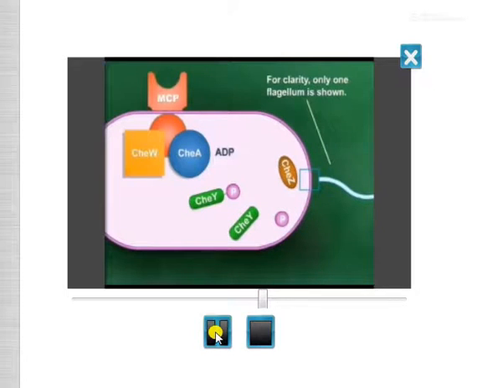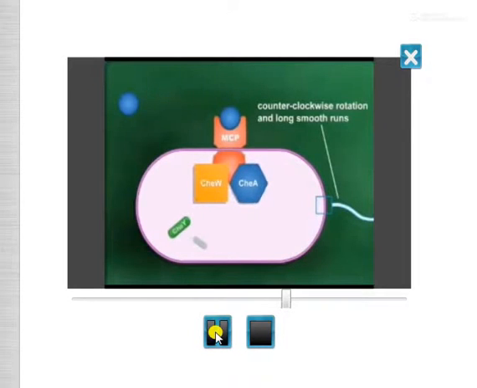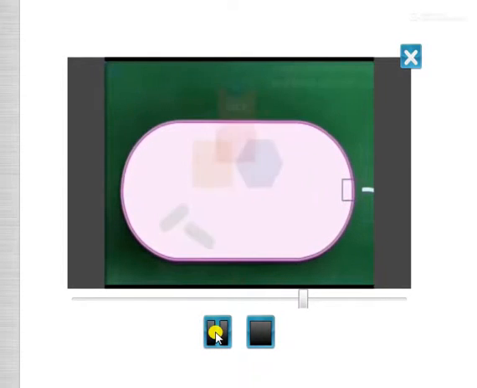When no attractant is present, the cell maintains intermediate levels of CheA phosphate and CheY phosphate. This produces a normal run-tumble swimming pattern. When a chemoattractant binds to MCP, the levels of CheY phosphate drop. The lack of phosphorylated CheY results in counterclockwise rotation of the flagella and long, smooth runs.